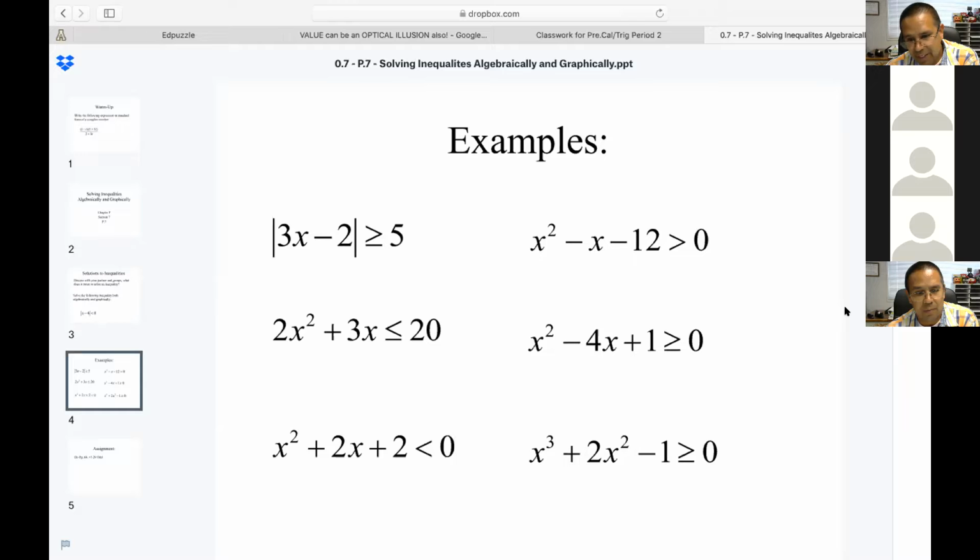Think of the left side as a y equals, think of the right side as a y equals. So you're looking for the x values that make those y values greater than 0. If you think of the left-hand side as one function, where is that function greater than 0, or above the x-axis? So you want the x values that give you the piece of the function that's above the x-axis.